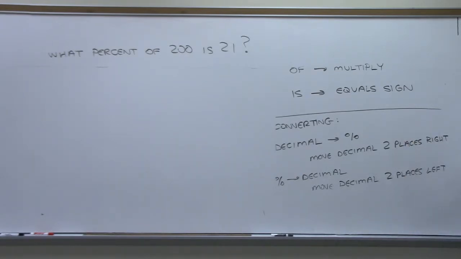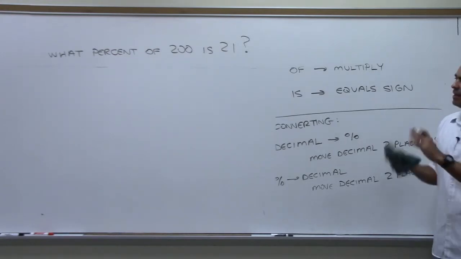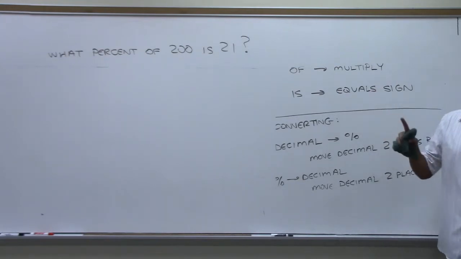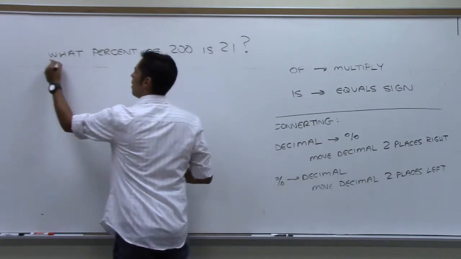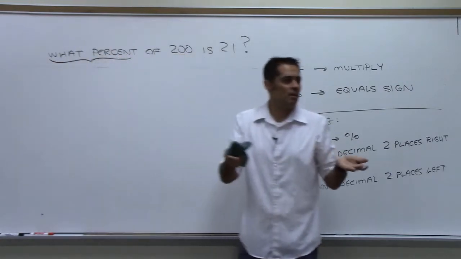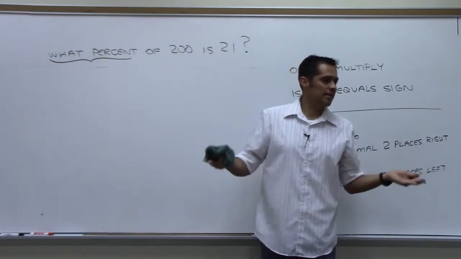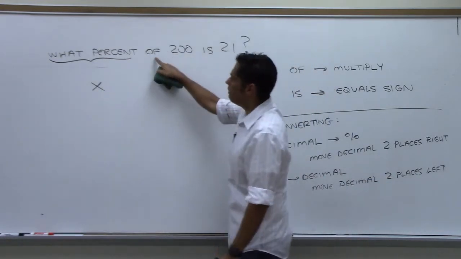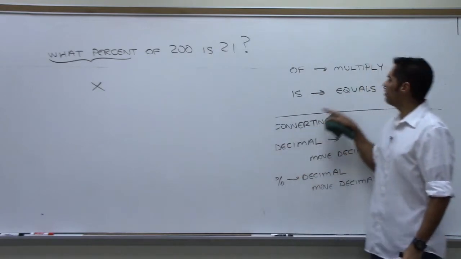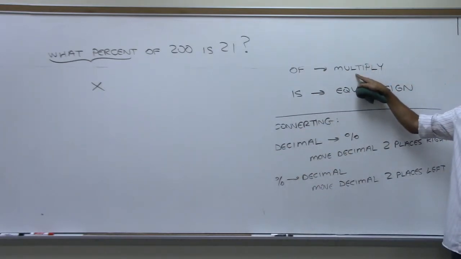What I want us to do and be comfortable with is turning this into a linear equation. That's what we were just looking at, linear equations, weren't we? This is a linear equation in words. You were asked to find something, right? What percent? This is what we want to try and figure out. That's the x. X of, I said in these problems, usually represents multiplication.